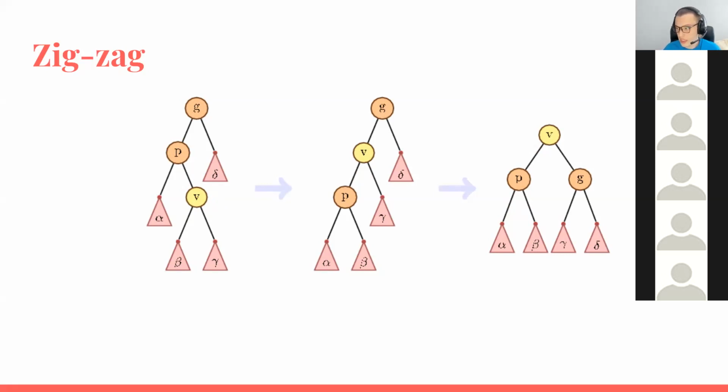But if we use zig-zig and zig-zag, it will stabilize the depth of the tree so that it will be around log n. Other cases? No, there are none. So there is either zig-zig or zig-zag, but not a third one.